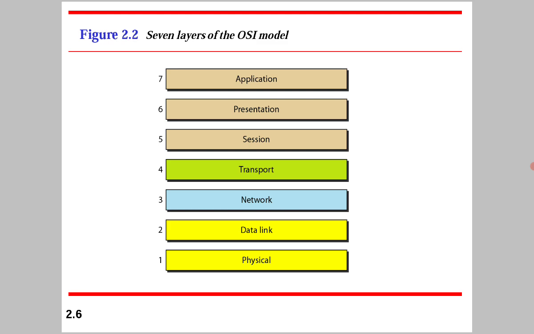Each layer has a separate job or task to be completed, and each layer follows some protocols, rules, regulations like that. Each layer communicates from host 1 to host 2, each layer communicating with the corresponding layer.